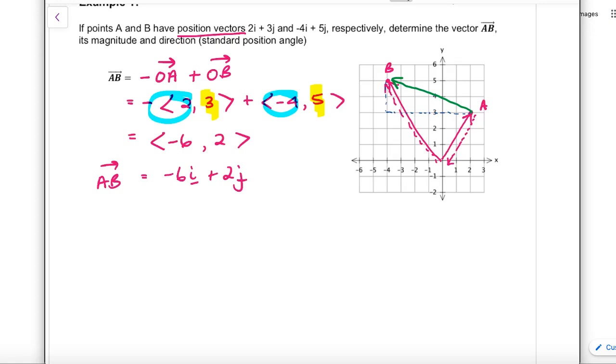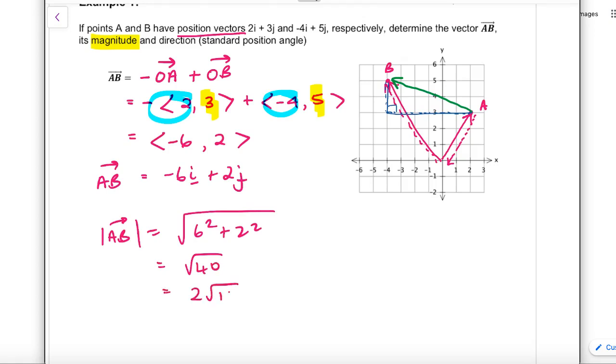Now we'd like to find the magnitude of this vector AB. Because we have that idea of a right triangle that's been formed, it's nice and easy to use Pythagoras to calculate the magnitude. 6 squared plus 2 squared will give me the square root of 40, or 2 root 10 units. We also want to find the direction as a standard position angle.